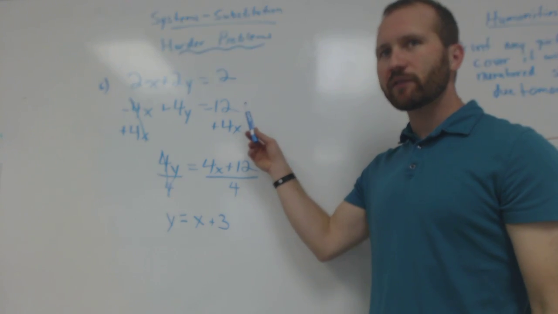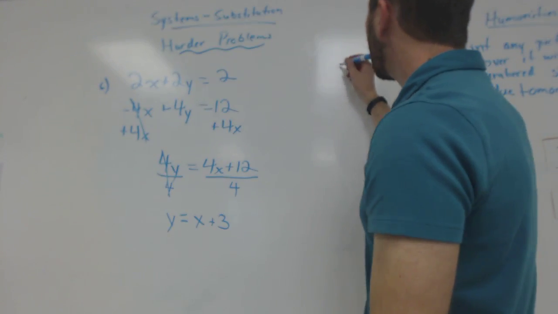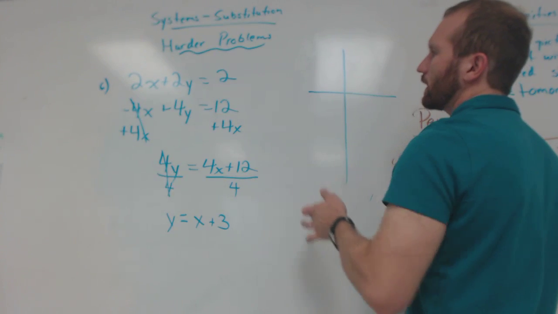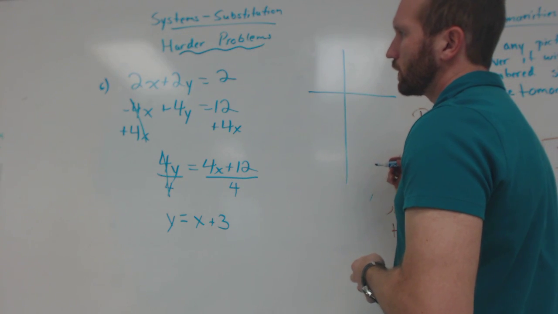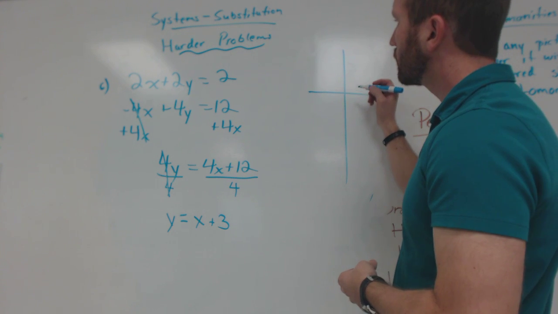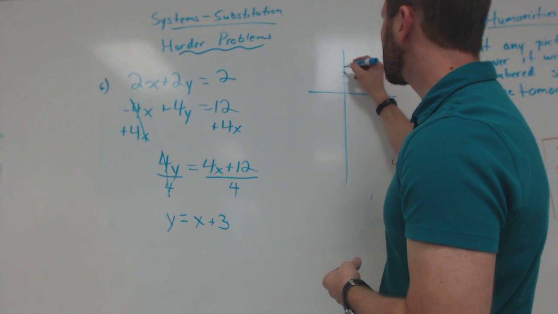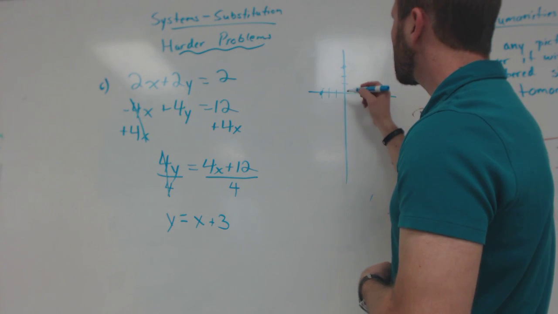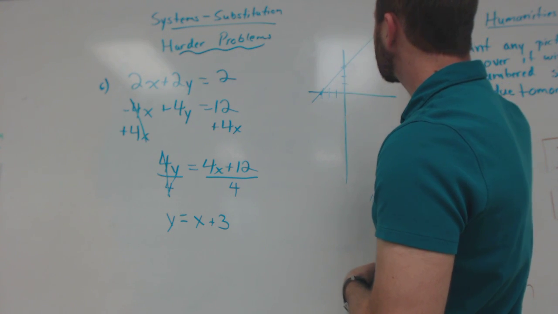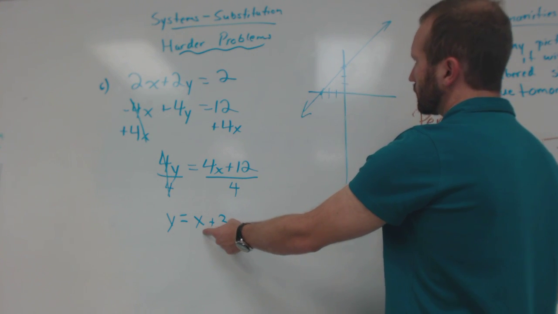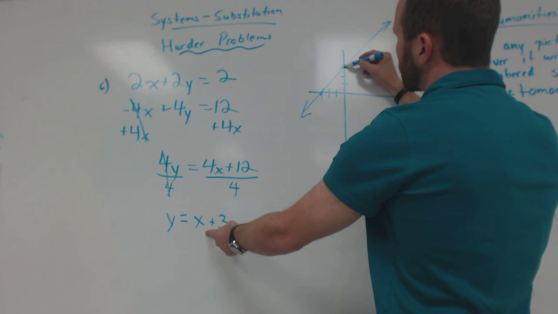But if you were to graph both of those lines, negative 4x plus 4y equals 12, we would start by making a t-chart. We would end up with a y-intercept of 3, an x-intercept of negative 3, and a line going like this. If we were to graph this, we would start up here at 3.